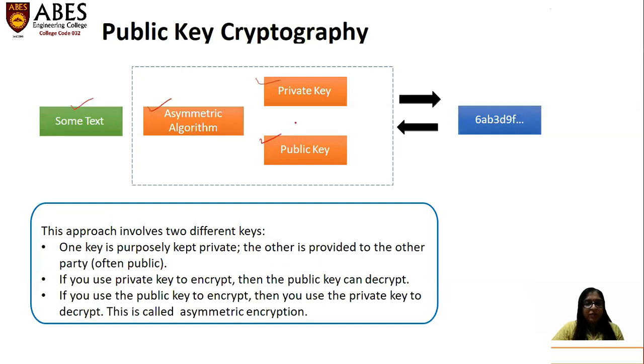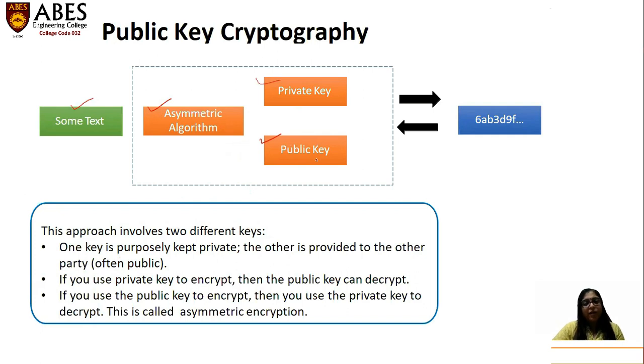This approach involves two different keys. One key is purposely kept private. The other is provided to the other party, which we call public. If we use the private key to encrypt, then the public key can decrypt, and if we use the public key to encrypt, then we use the private key to decrypt. This is called asymmetric cryptography.